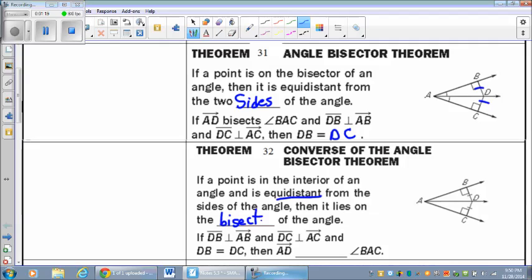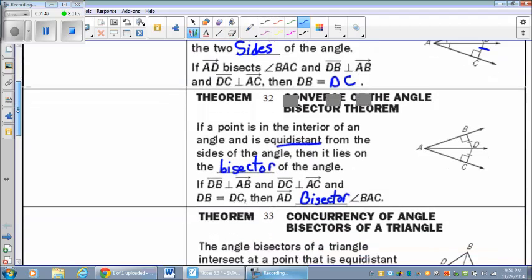And it says that if the segment is perpendicular to the sides and is also equal, then that means that AD bisects that angle. So that's what proves that it is the bisector, is that from the center to the sides is perpendicular and congruent.